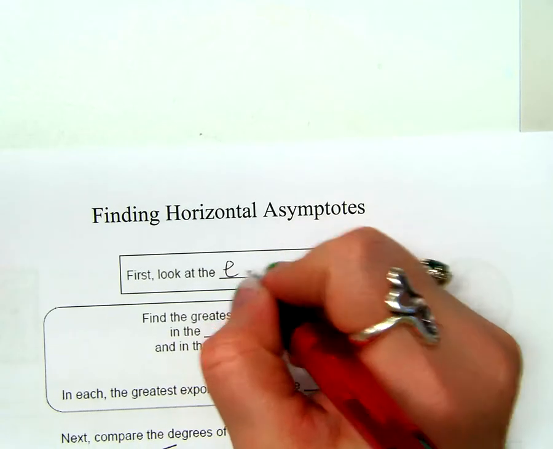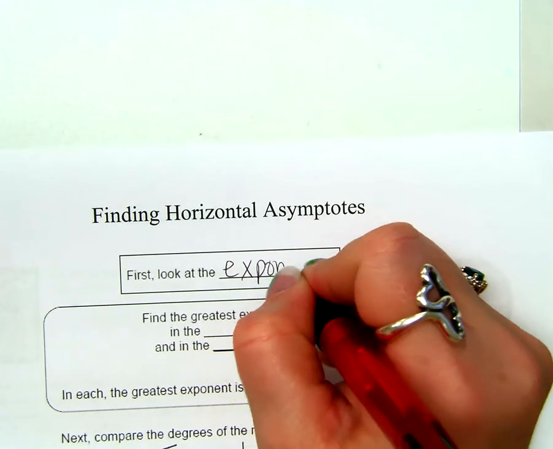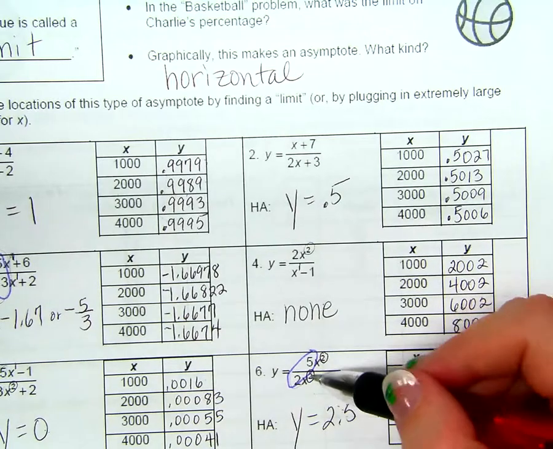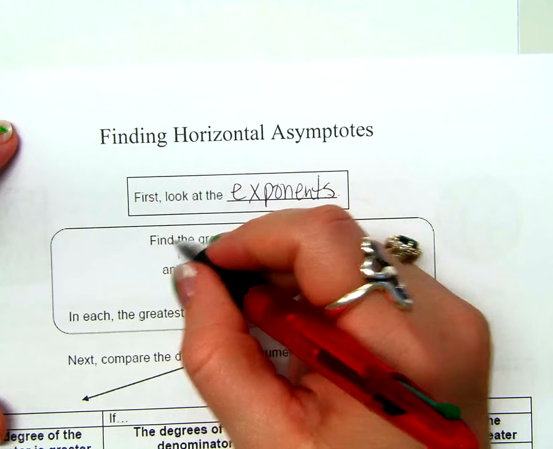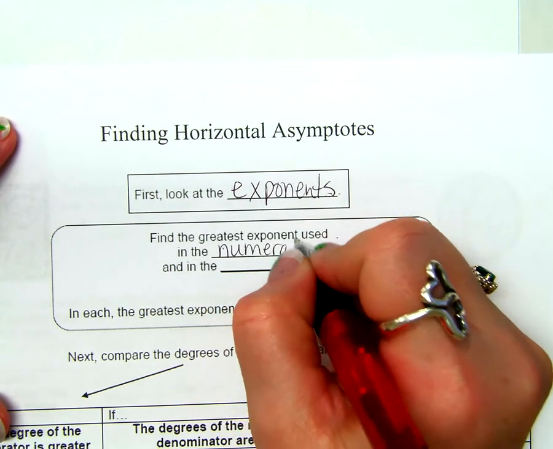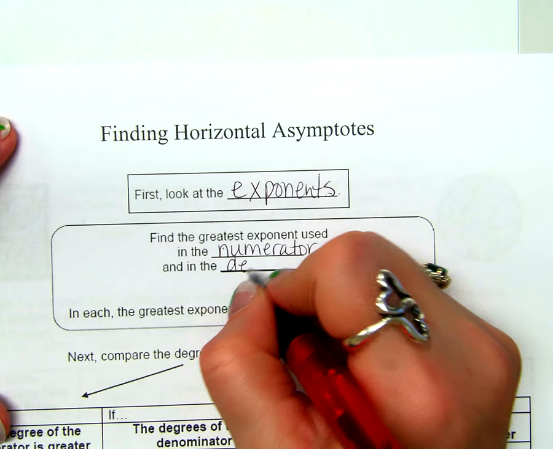First of all, we have to look at the exponents. That's what we did over here, right? After I showed you, we looked at the exponents and noticed things about them. When we look at the exponent, we find the greatest exponent in the numerator and the greatest exponent in the denominator.